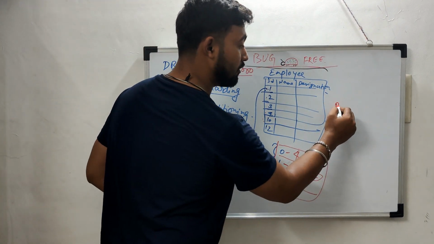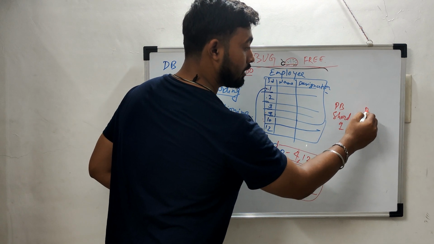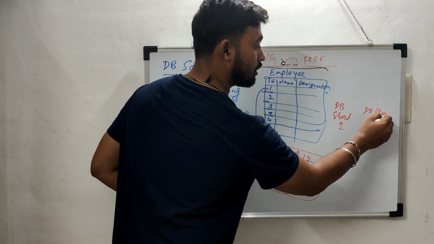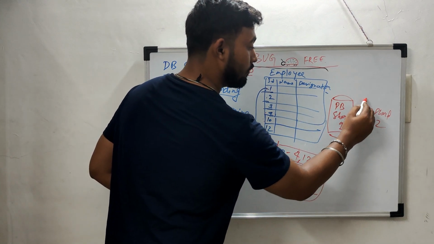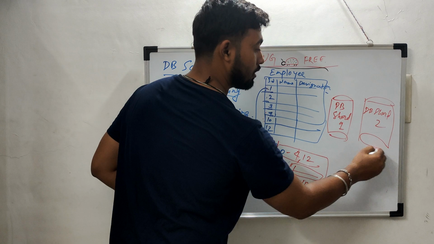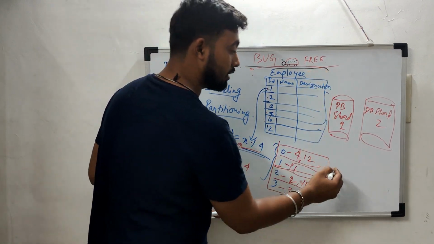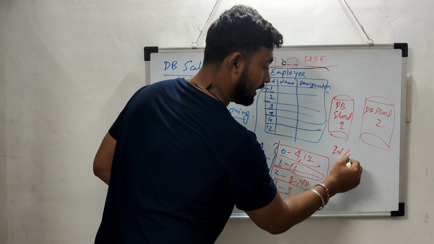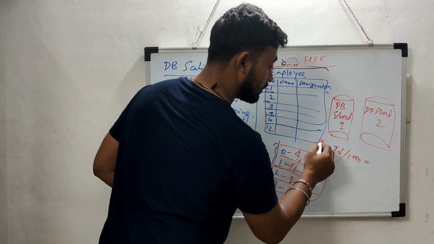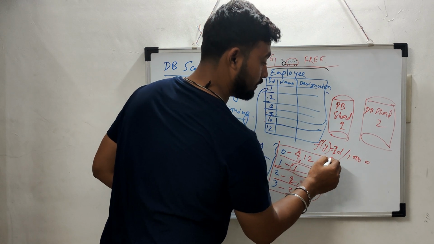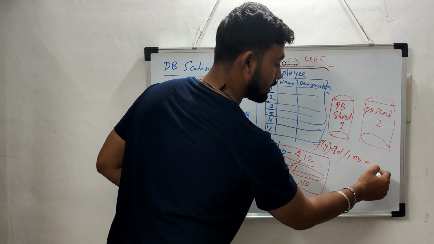For example, this is DB shard 1, DB shard 2, right? So in this case, what we'll do is take the ID divided by 1000, whatever value comes out. Let's say f of y is the hash function: ID by 1000, and let's say the value is x.